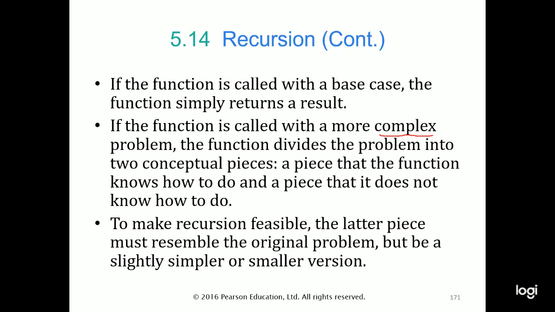You break it into two parts, both of which are less complex than the previous one. One is simple and you immediately solve it. The other one is slightly more complex. It still resembles the original complex problem but is slightly simpler.